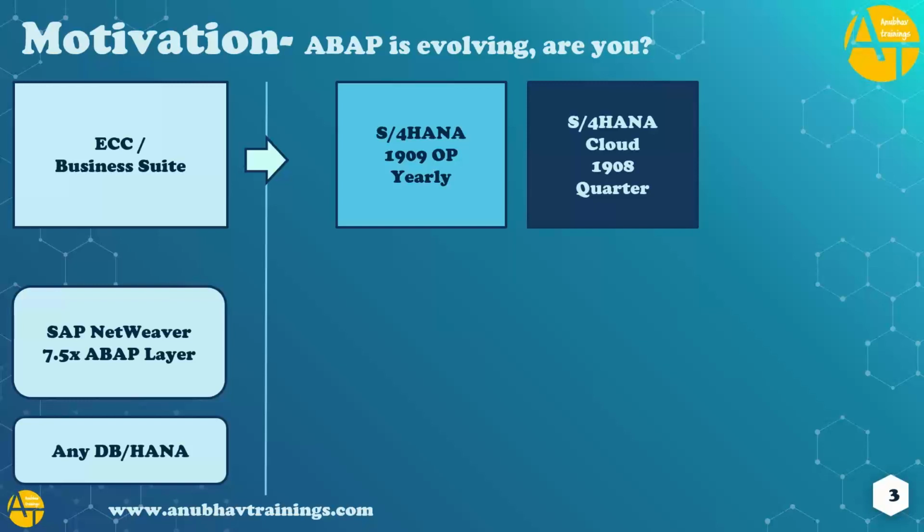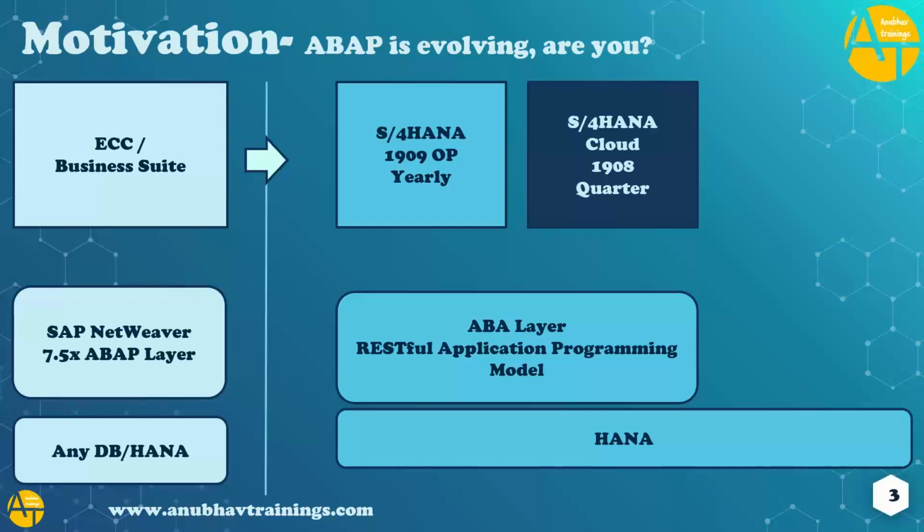Starting with the 1909 version of S4HANA on-premise and starting with the 1908 version, which is August 2019, a radical change happened in the underlying infrastructure. And that's where SAP introduced the so-called ABAP layer.